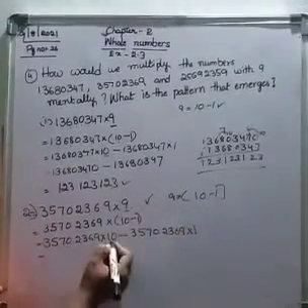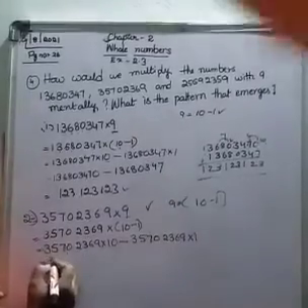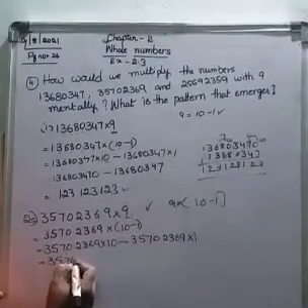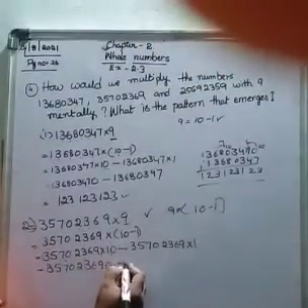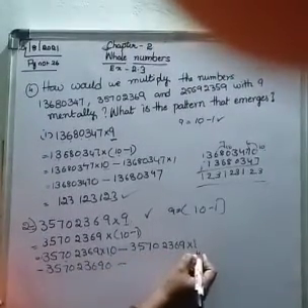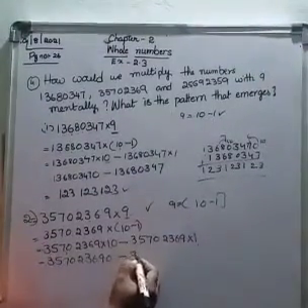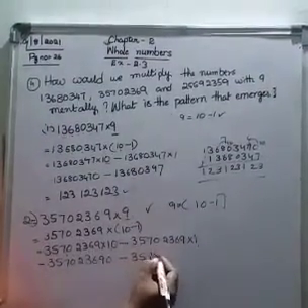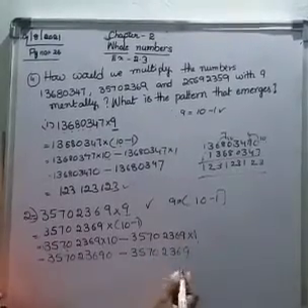When we multiply any number by 10, we get one more 0 only. So 357023690. Minus any number multiplied by 1, we get the same number, 35702369. Now subtract these two.